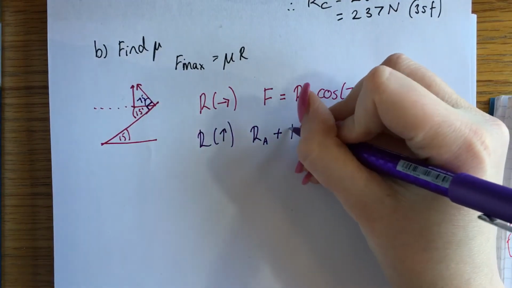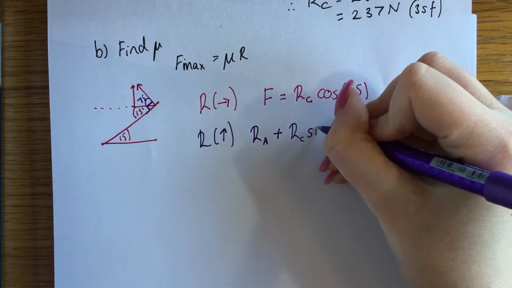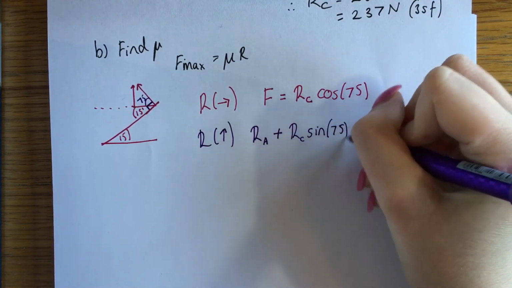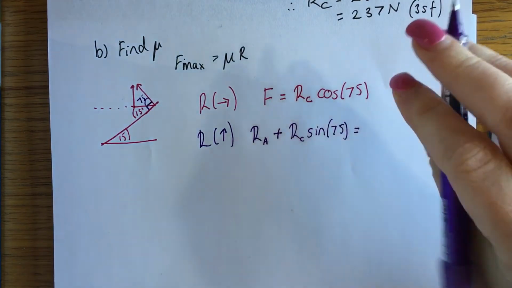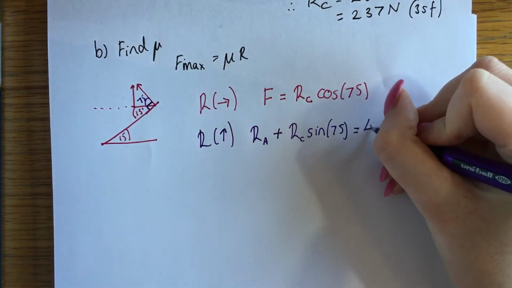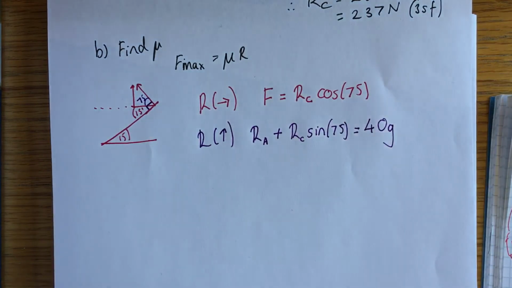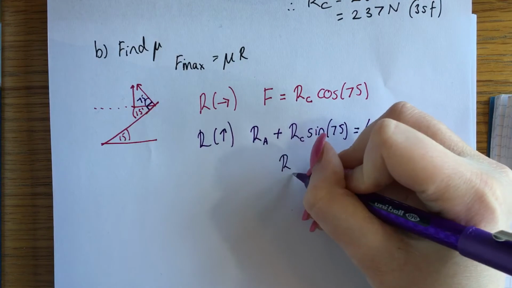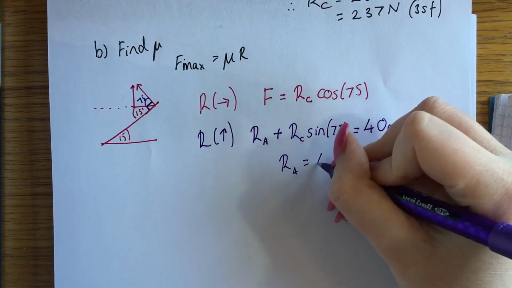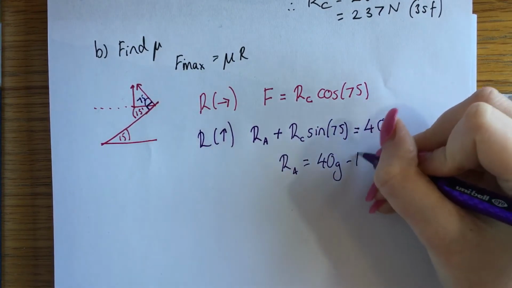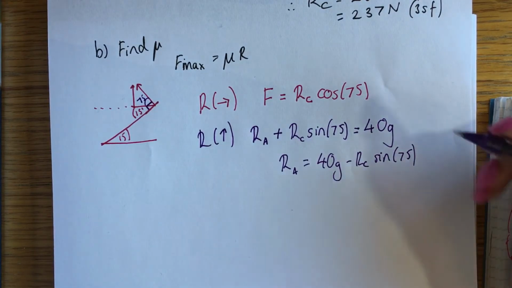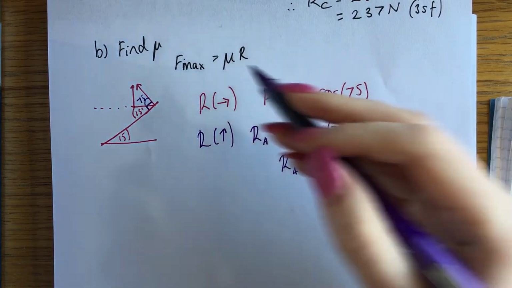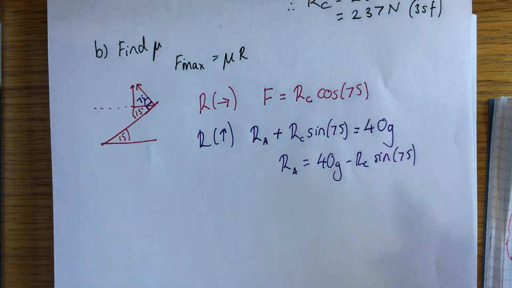So I've also got the vertical component of my normal reaction at C. And that is equal to, the only one going vertically down is my weight, 40g. Now I obviously want a value for the normal reaction at A, so 40g subtract the normal reaction at C sine 75. Now I can substitute these into my Fmax formula.